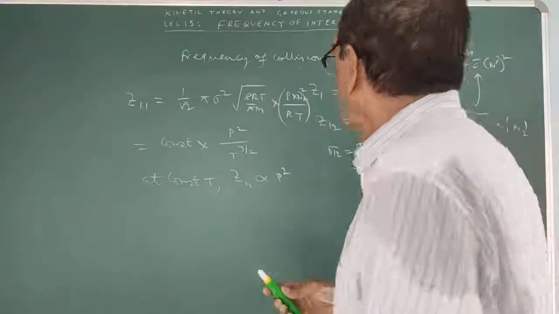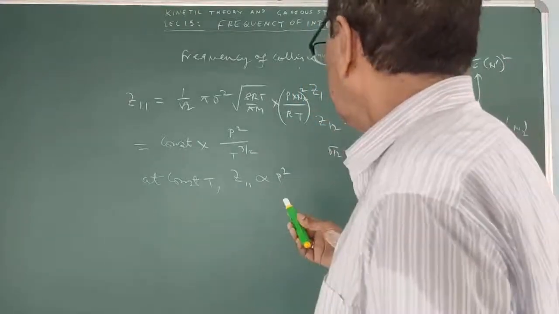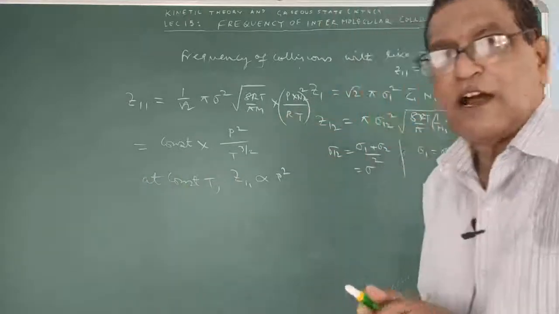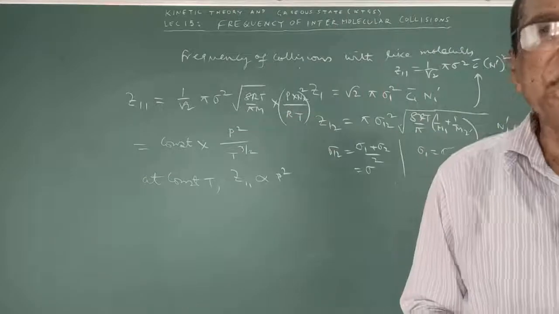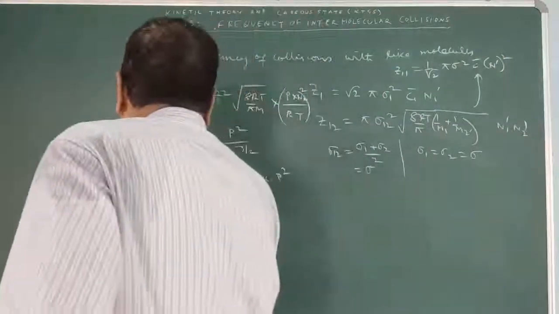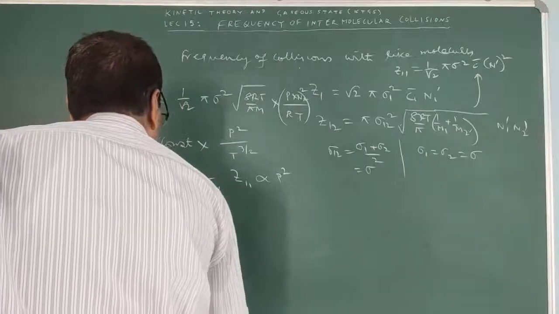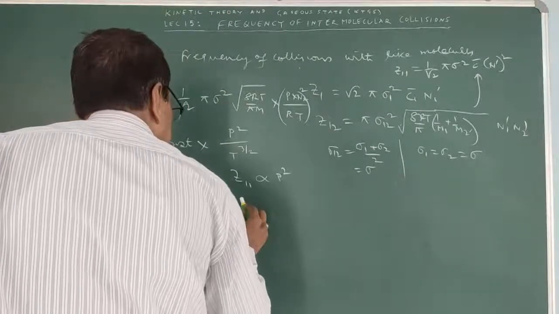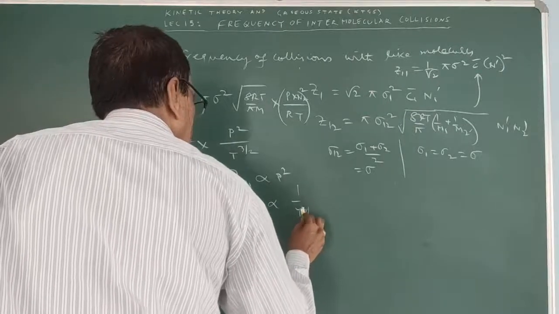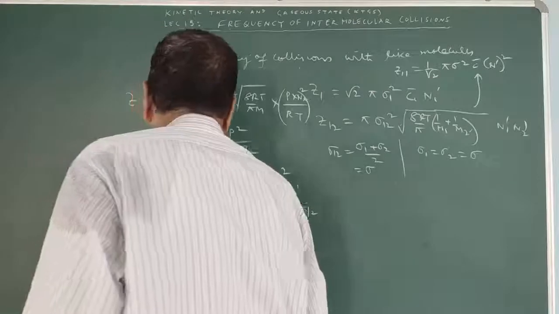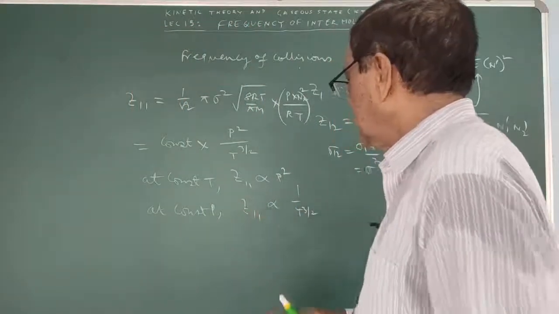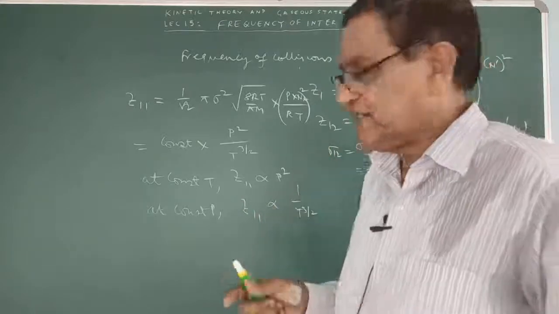Similarly, Z12 will also have the same variation with temperature and pressure. And if you keep the pressure at constant P, Z11 is proportional to 1 by T to the power 3 by 2. This means with a rise in temperature at constant pressure, Z11 will decrease.